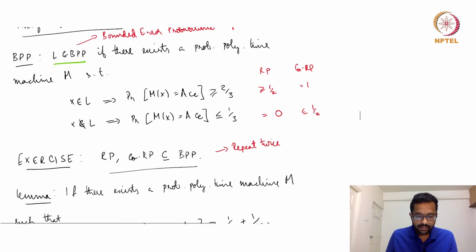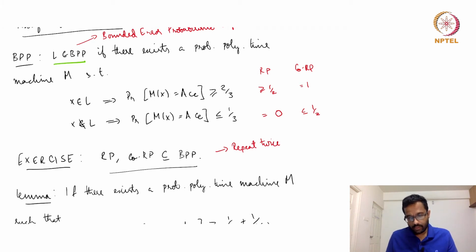And just like we saw for RP and co-RP, where we mentioned that this half is arbitrary, even the 2/3 and 1/3 in the case of BPP are arbitrary. But let us see to what extent we can move them around.